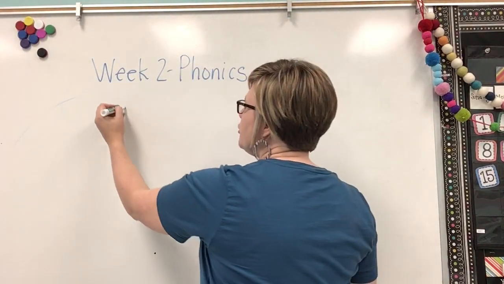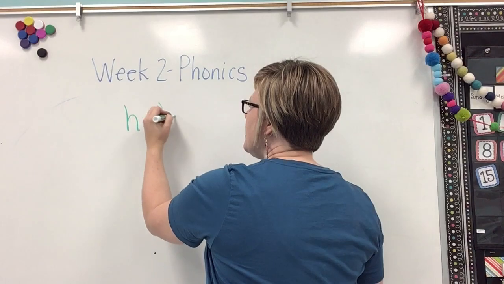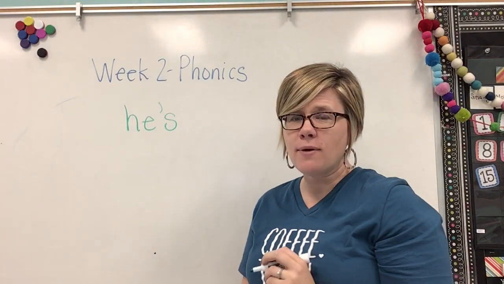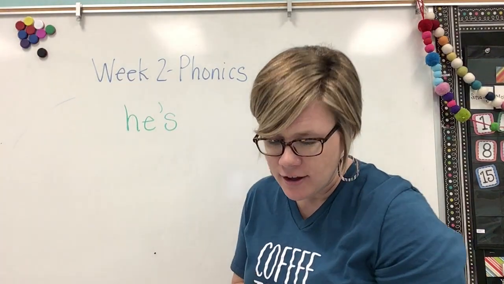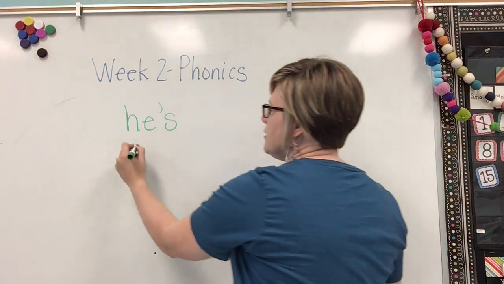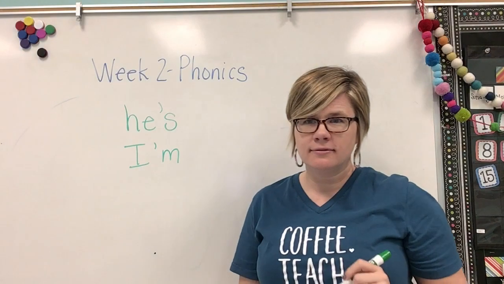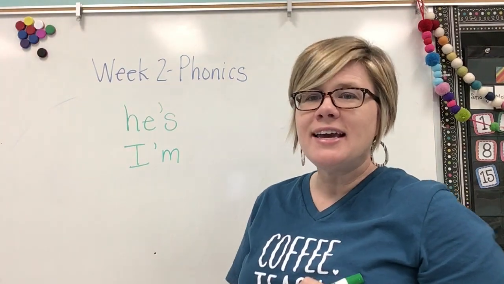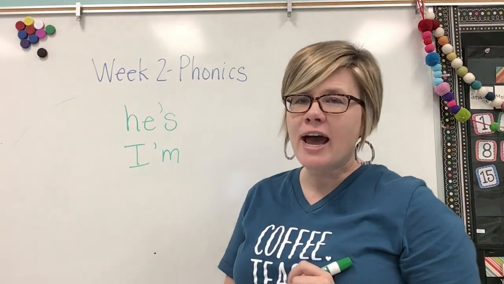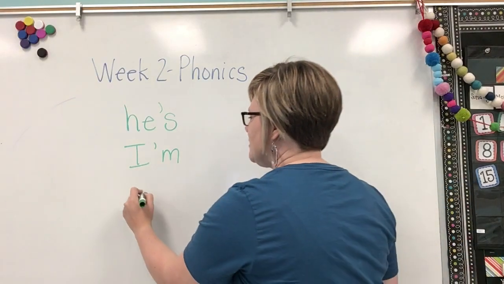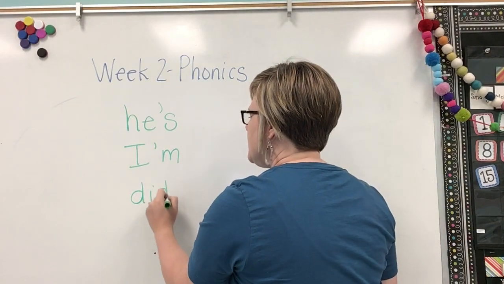He is, your contraction was he's. Did you get it right? Put a check. Your next one was I am. Your contraction is I'm. Your third one is did not. Your contraction is didn't.